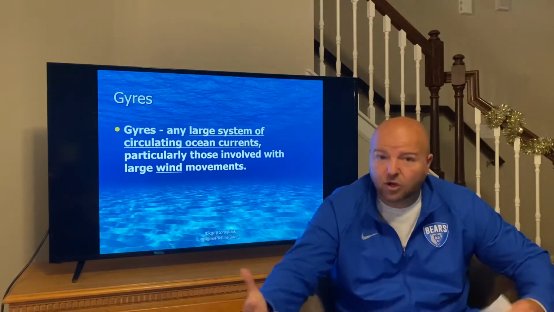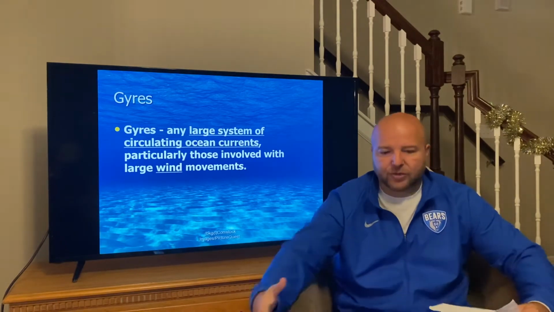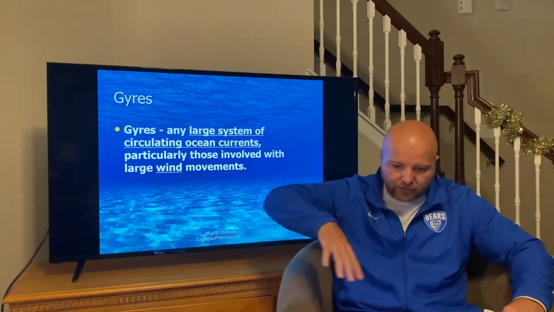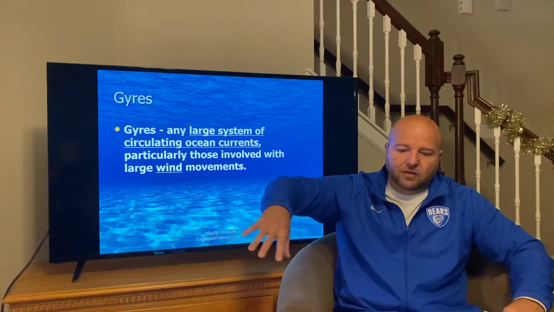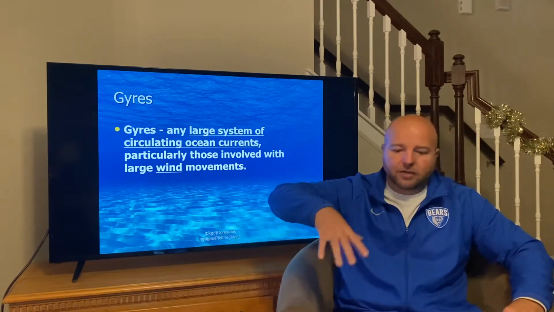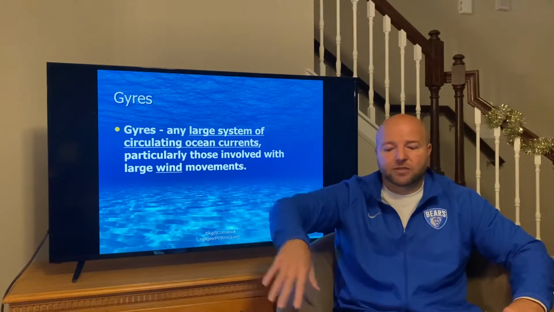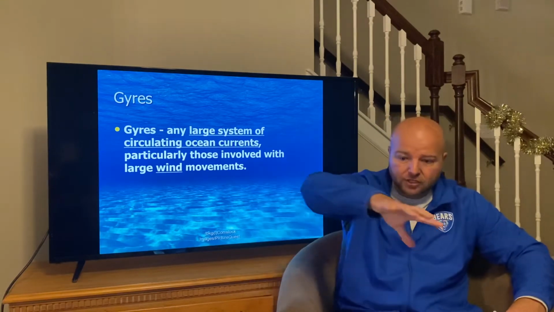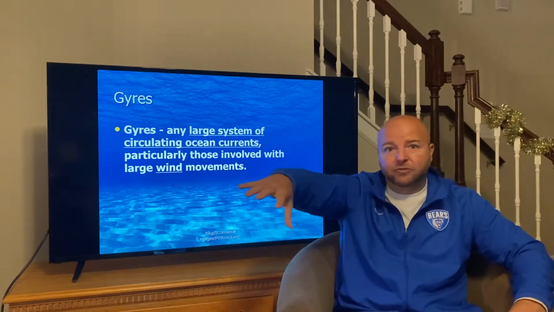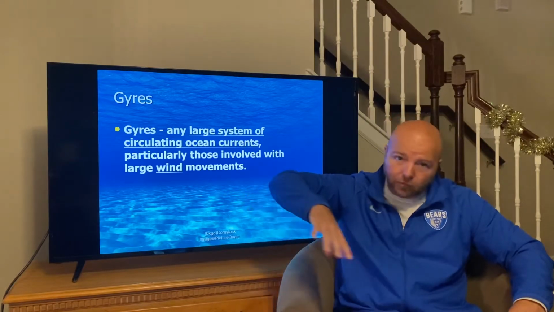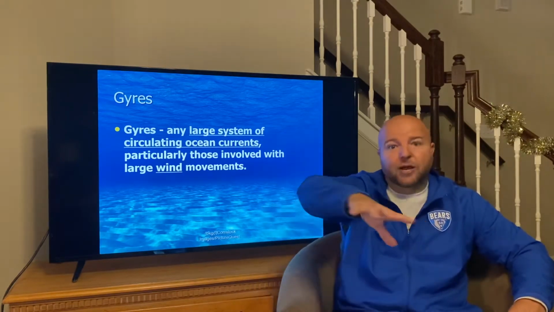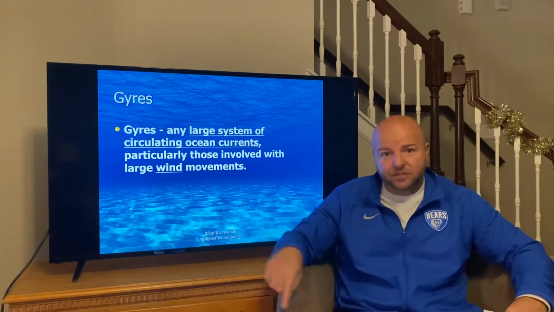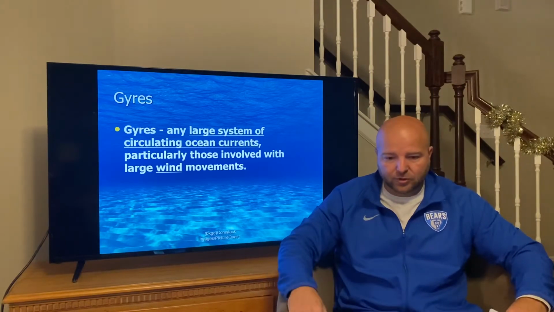Go ahead and get this part down. Wind-driven surface currents combine into huge circular systems called gyres. So gyres, to further explain, are a large system of circulating ocean current caused by large wind movements. So these large circular patterns of ocean current are following the large circular patterns that we learned about in 5.1 that are happening throughout the atmosphere due to the Coriolis effect.